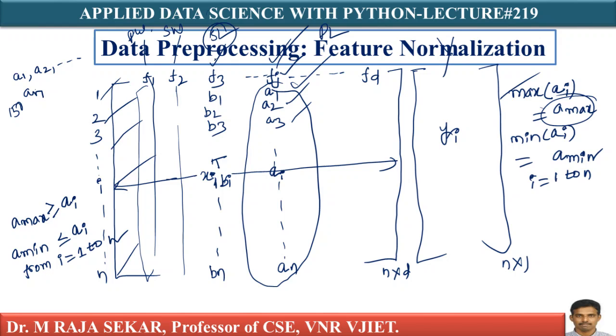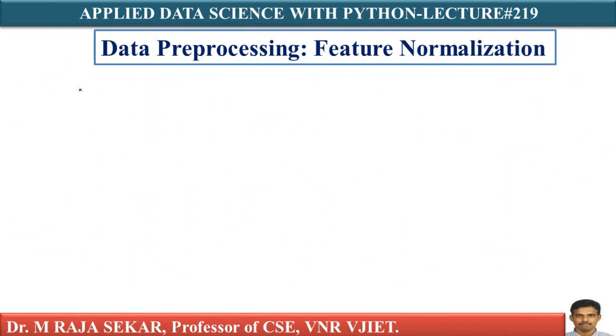Now let me transform this data. I am transforming this data. How can I transform? Let me redraw this particular matrix. Let me write it here. Just see this one. I will write here how many data points, 1, 2, 3, and so on.